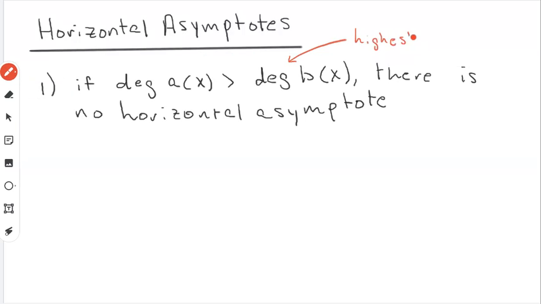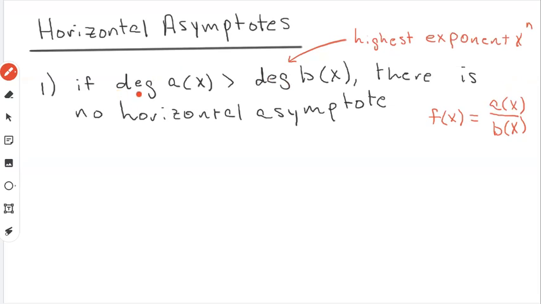So now we're looking at exponents, right? We're looking at powers, where you have a variable x and you have an exponent of n. Whatever number that highest exponent is, that's called the degree of the polynomial. So what we're saying is, if we have an a of x on top, let's say we have f of x equals a of x over b of x, we know that there's going to be a highest exponent on the top.